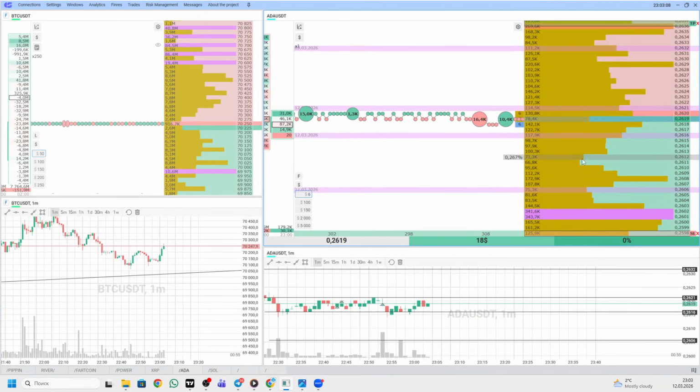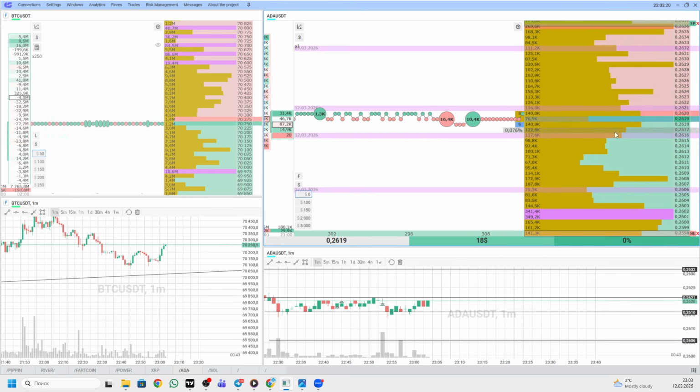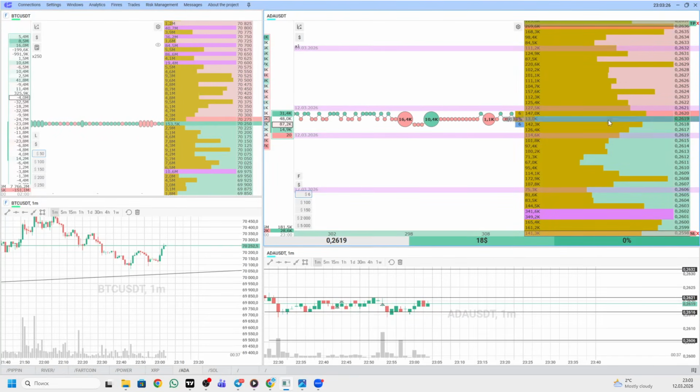But you only have to try. There is nothing difficult. You just need to get used to these buttons, which button for which zone, how to put market orders, how to place stop loss, how to move it. So it's just practice and nothing else.